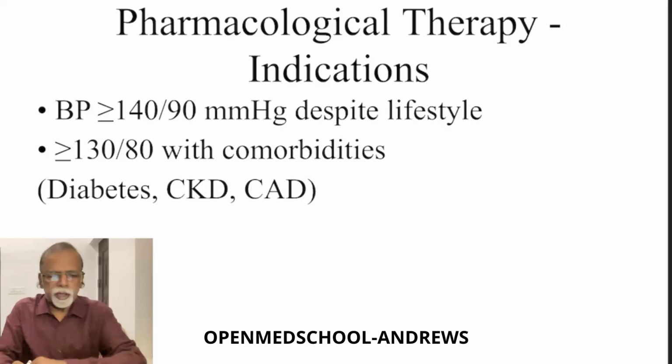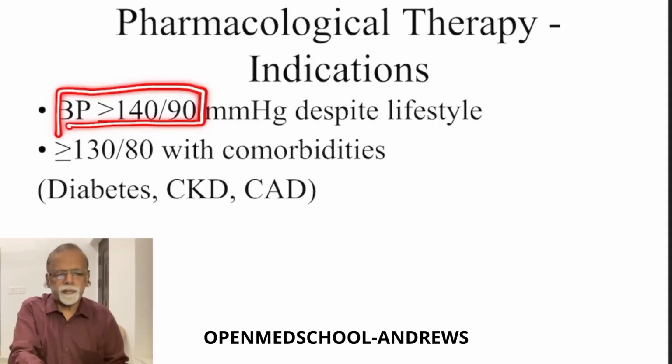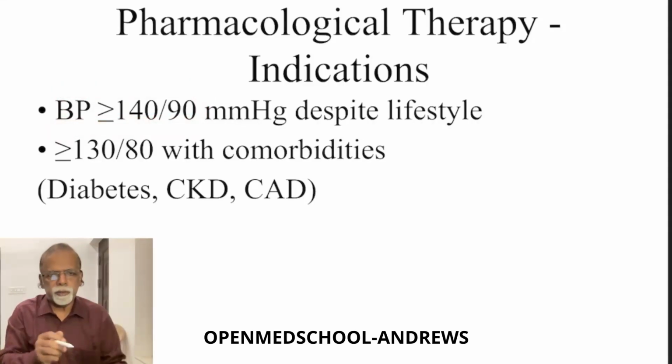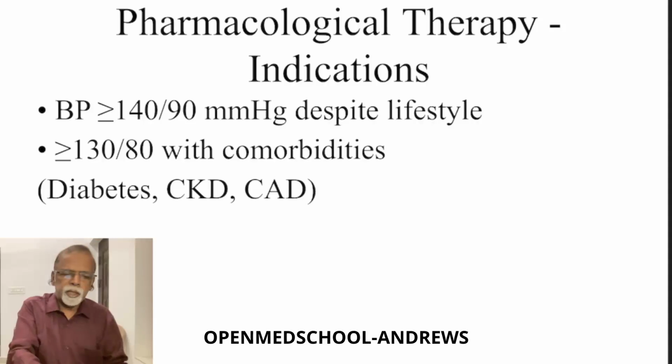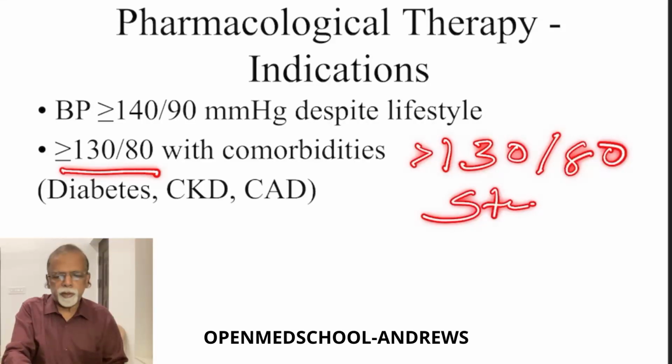For pharmacological therapy, the definite indication is when the BP is more than 140 over 90, you have to start treatment. If there are comorbidities, the threshold is more than 130/80, that is stage 1 hypertension.